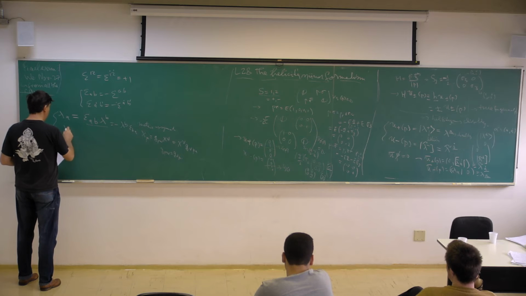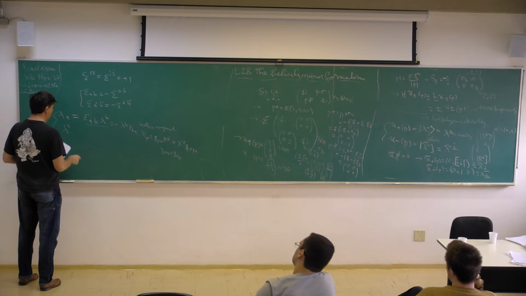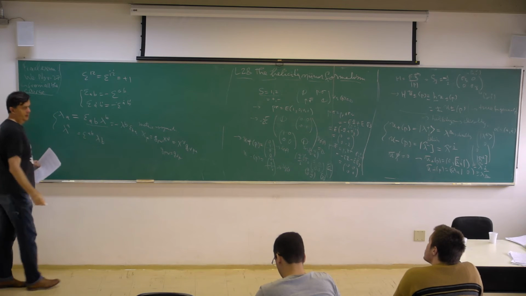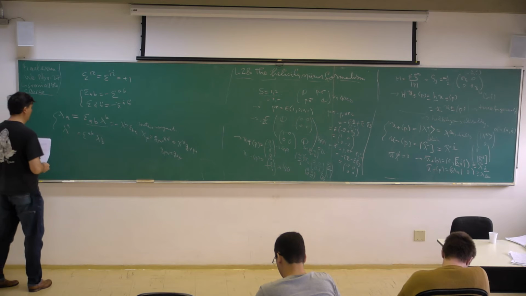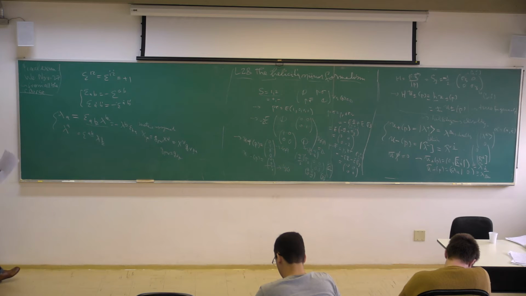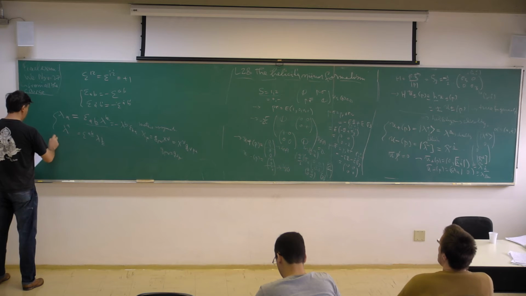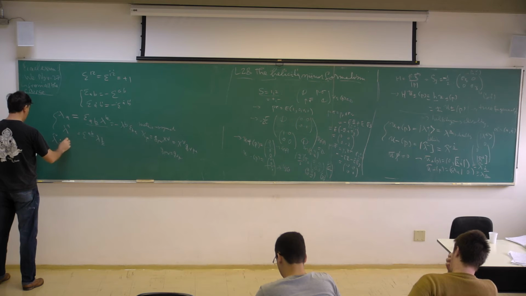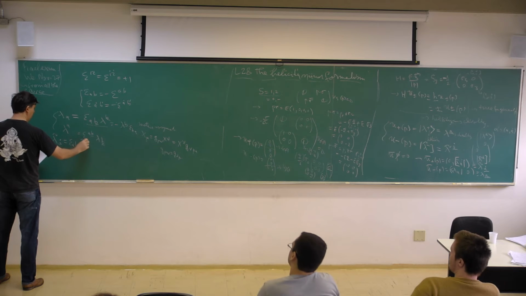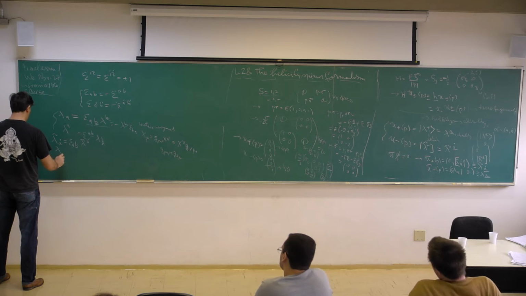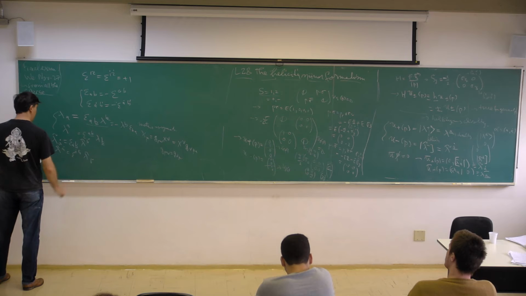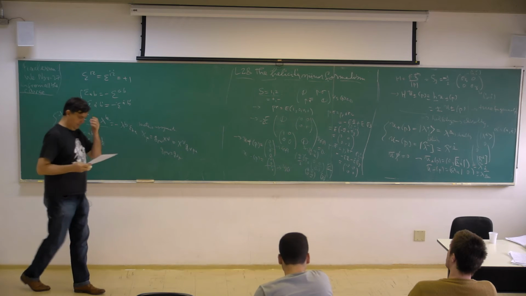And then reversely, if I want to raise an index, I write this as epsilon a b lambda b. Again, being careful about the order. And then correspondingly lambda tilde a dot is epsilon a dot b dot lambda tilde b dot.